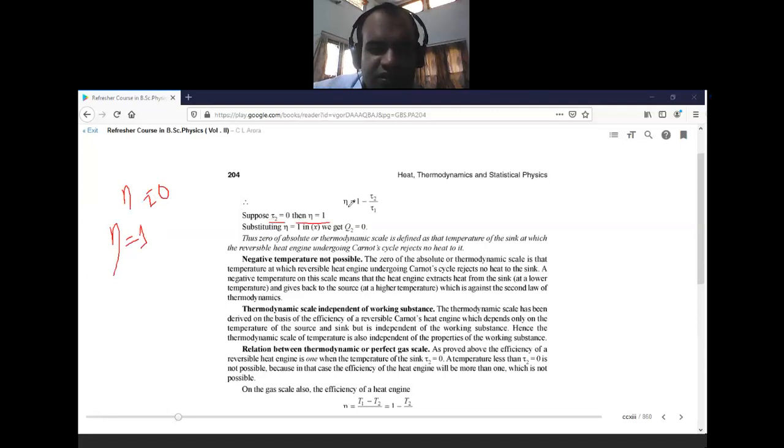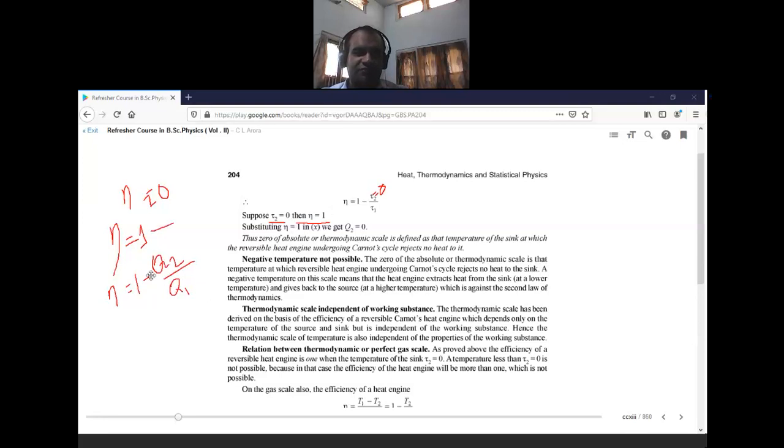In that case, the efficiency will be equal to 1. Substituting tau 2 equal to 0 in equation 10, we get Q2 equal to 0. I forgot what equation 10 is, but I remember the relationship between Q1 and Q2. So if tau 2 equal to 0, then efficiency is equal to 1.